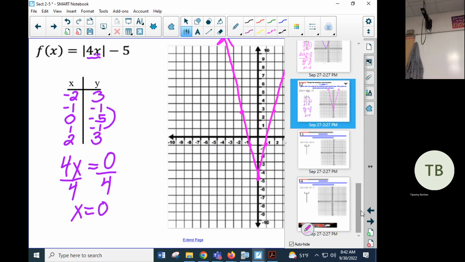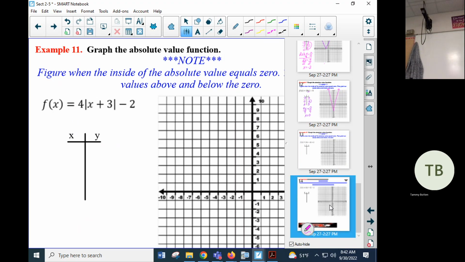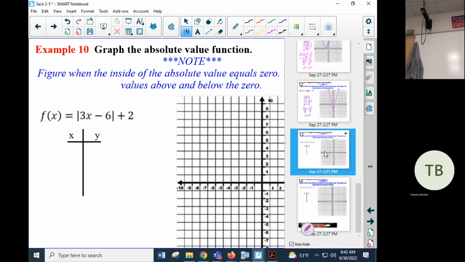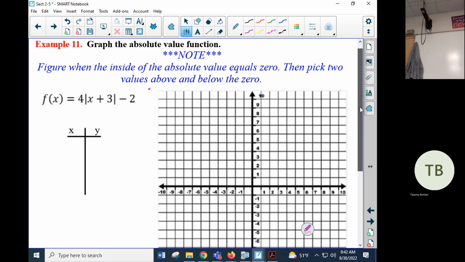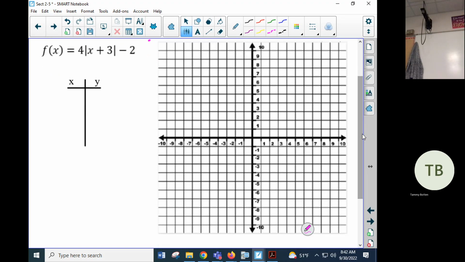Then, see what we have here. Let's go to this one. This one is the one that has the most with it. Okay, so how you decide where to start your table is you set what's inside your absolute value equal to 0. So we're going to go x plus 3 and set it equal to 0.